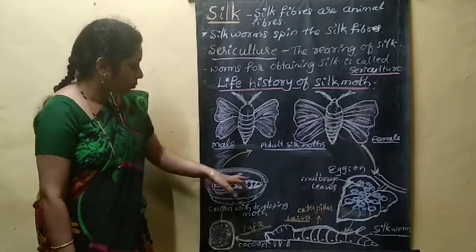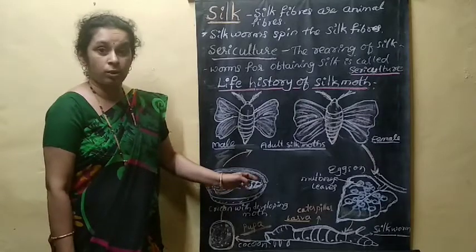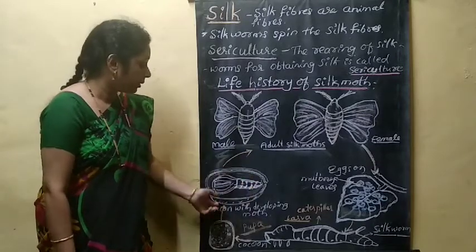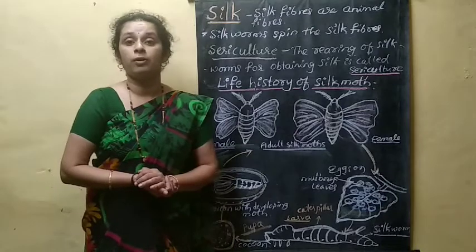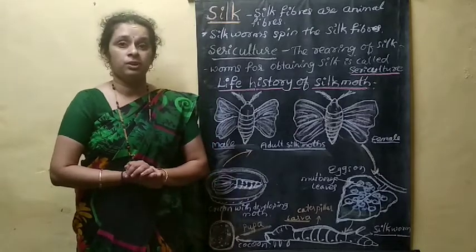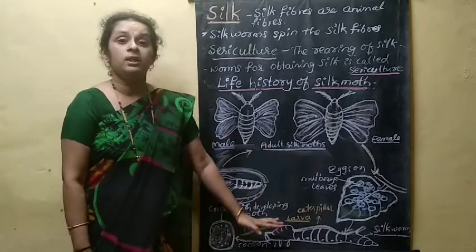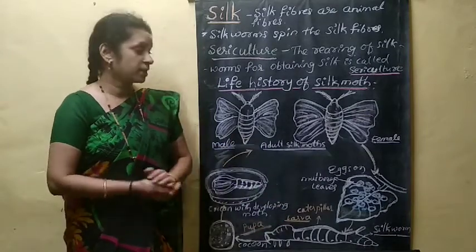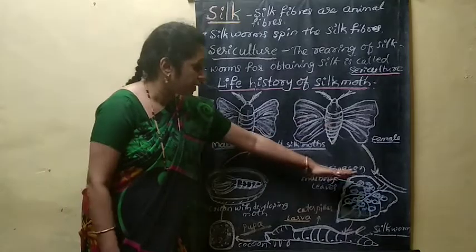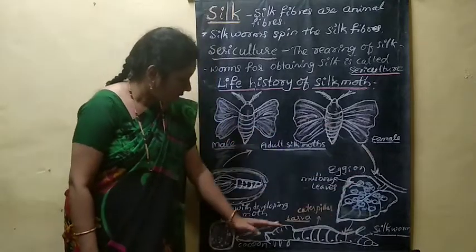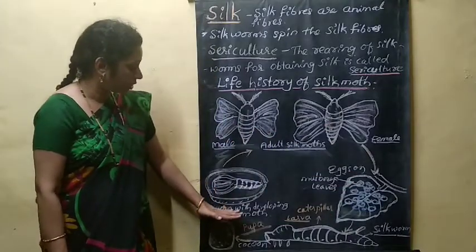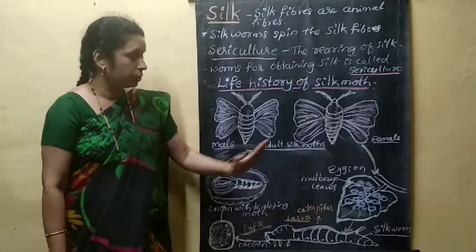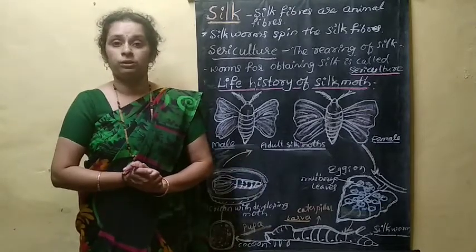This cocoon will be taken for obtaining silk fiber. This is the life history or life cycle of the silk moth. There are different stages: first adult, then eggs and larva stage, then pupa stage, then cocoon stage, and again the adult silk moth stage.